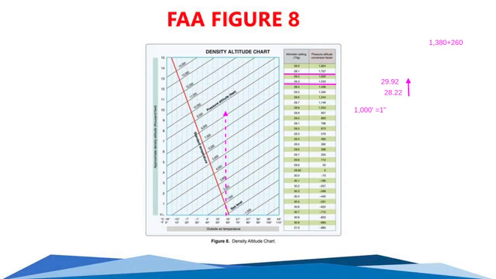I hate these charts, guys. This is what my arrow points to, and that's the best I can draw it. The correct answer here is actually A. It's 2,991 feet MSL.